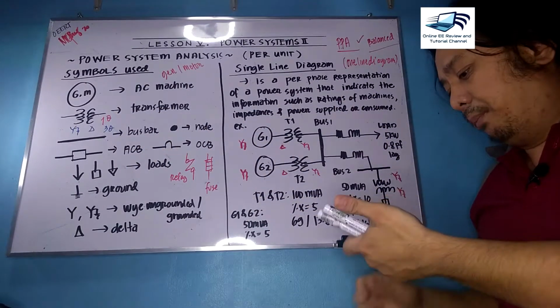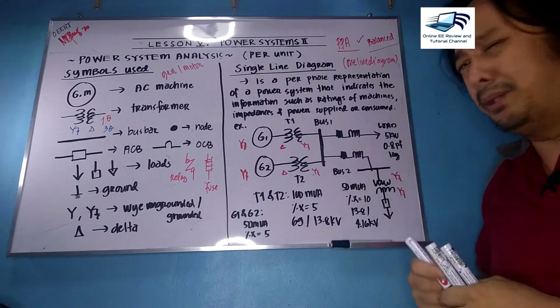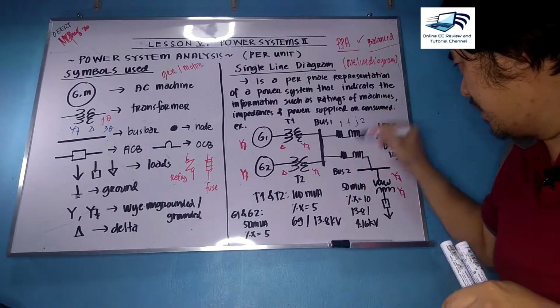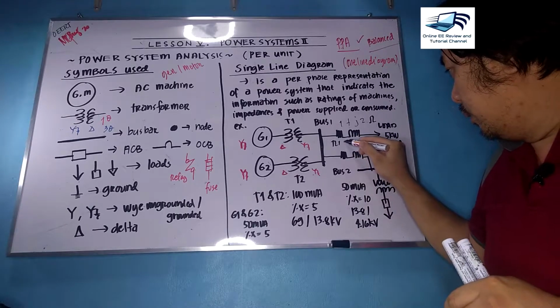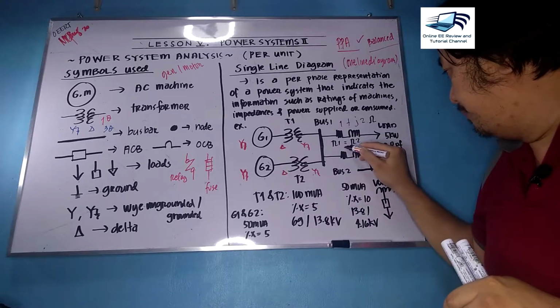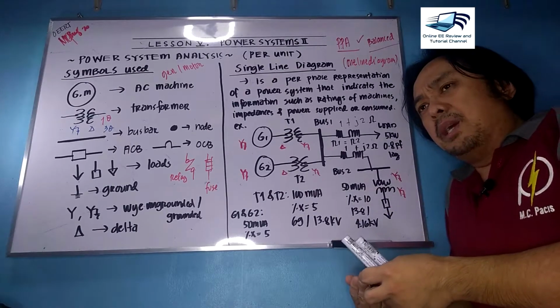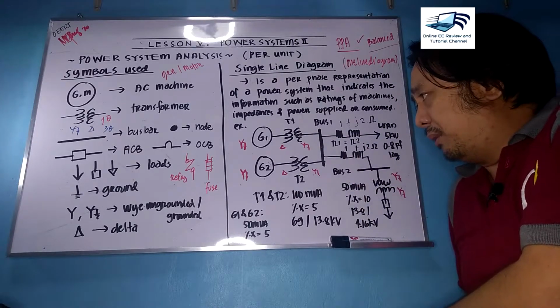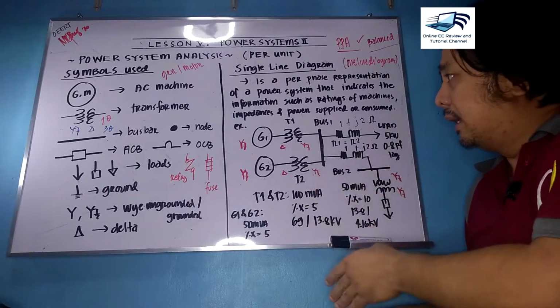In this example, this is just an arbitrary example. I could say 1 plus j2 ohms on the transmission line 1. I just assume all of the values here so that we can represent that.